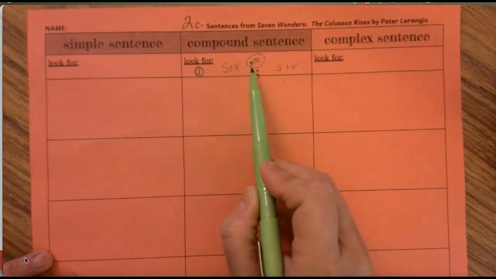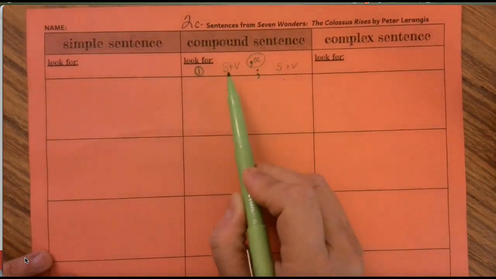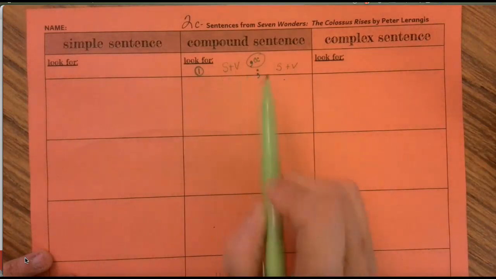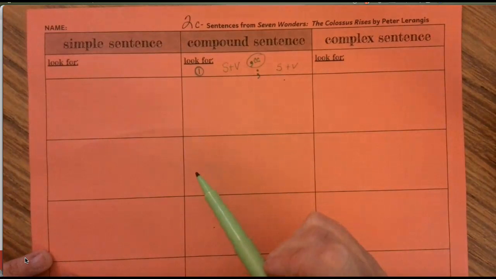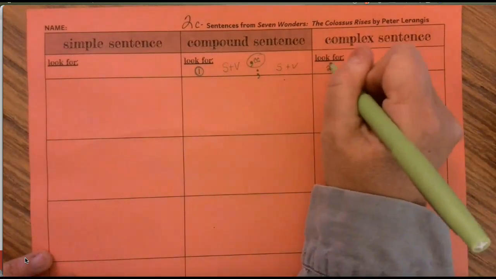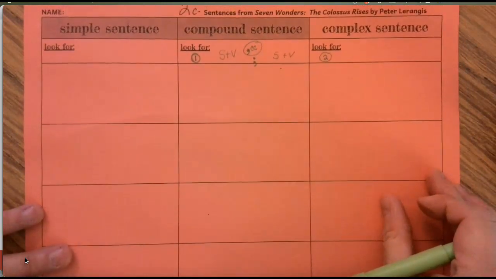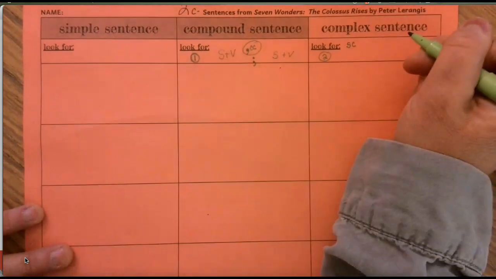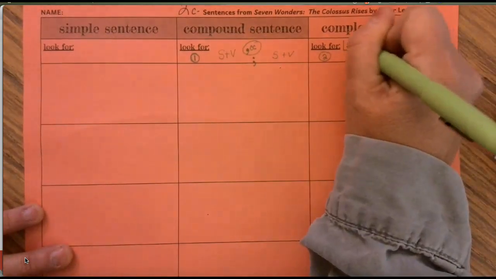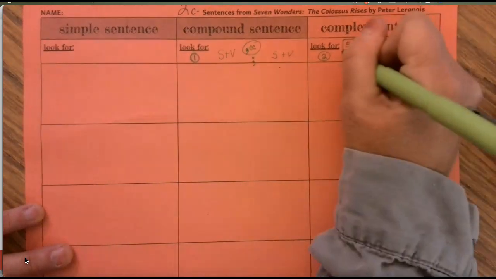Now remember, just because you see a comma conjunction doesn't mean it's compound. It could be a list. So you have to go that next step and make sure there's a subject and a verb on both sides. If I haven't found that, the next thing I would look for is a complex sentence. In order to be a complex sentence, you've got to have a dependent clause, which means you need a subordinating conjunction, and we've been showing them by putting boxes around them, followed by a subject and a verb.